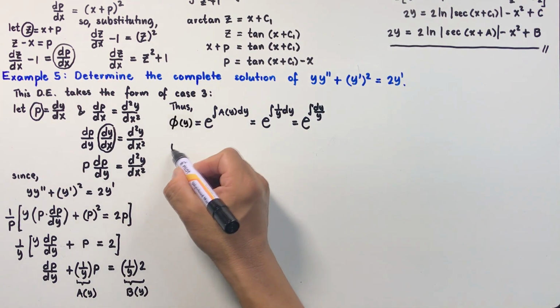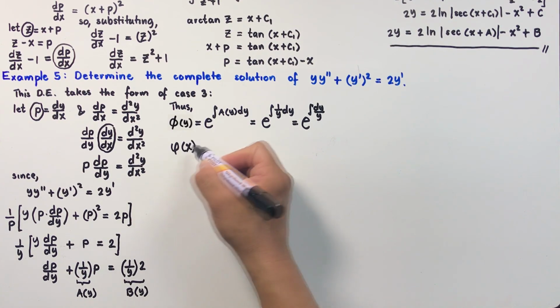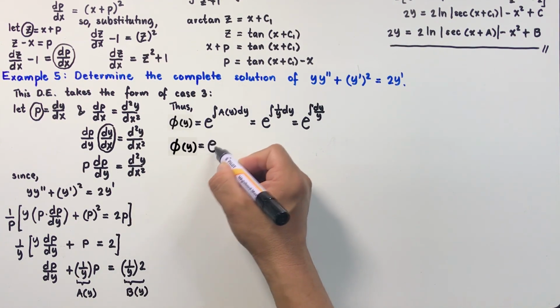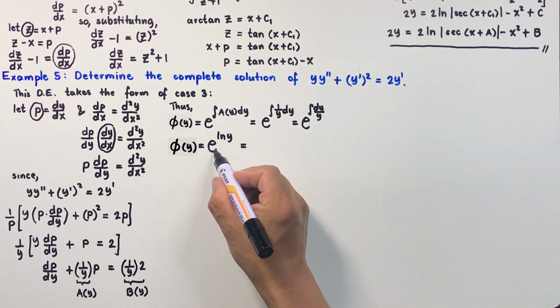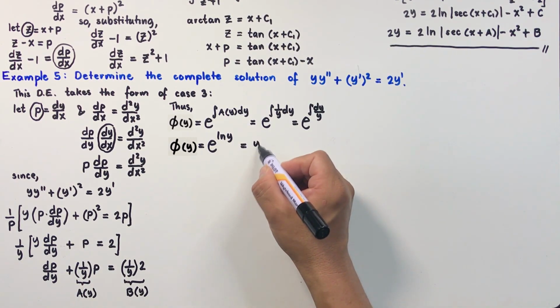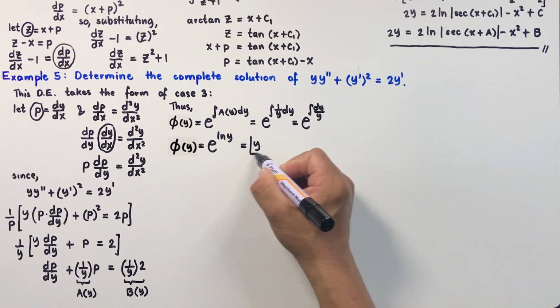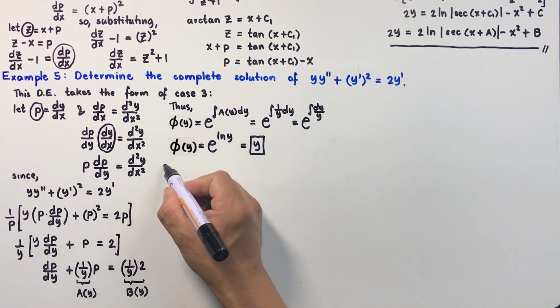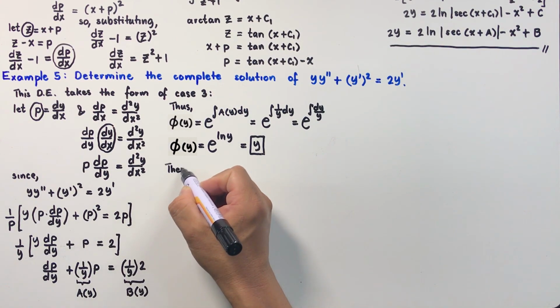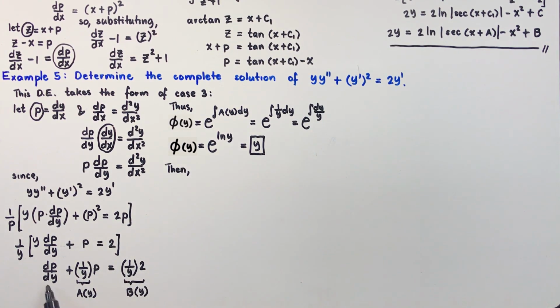The integral of dy over y is ln y, and e and the ln cancel each other. So we have our integrating factor, which is y. Then we can use this integrating factor to multiply each term in our equation.